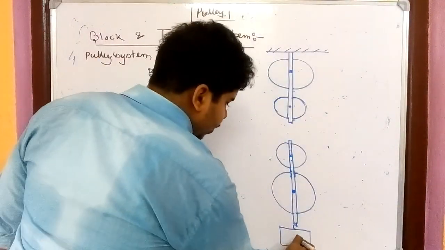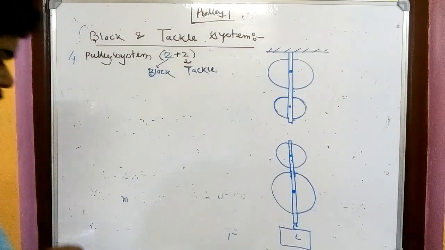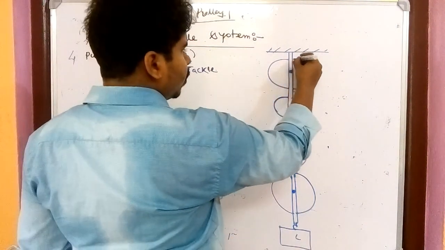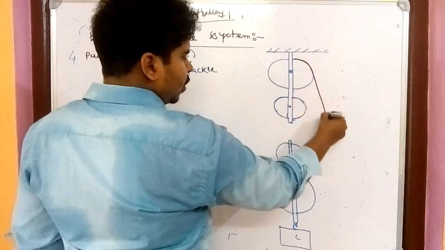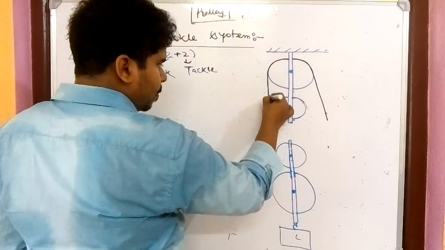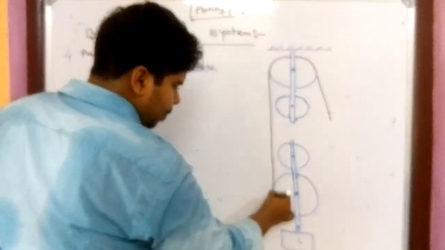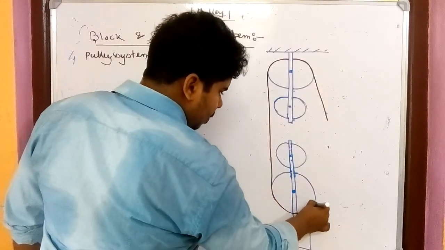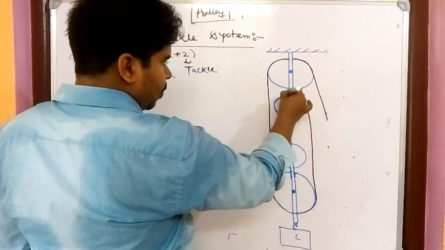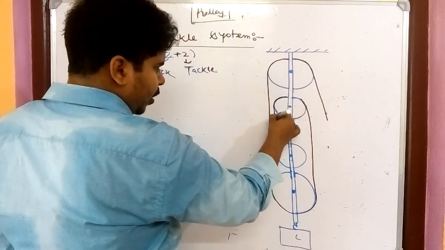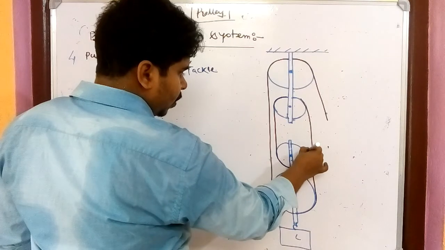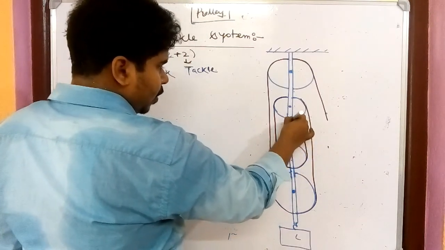Here there is the load. Now we have to arrange the string. Let's see how the string is arranged. Here it is bent a little bit, which is wrong. I have done it wrong, but I am helpless.